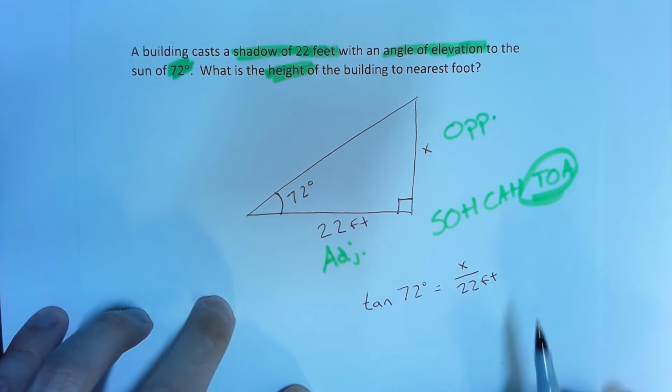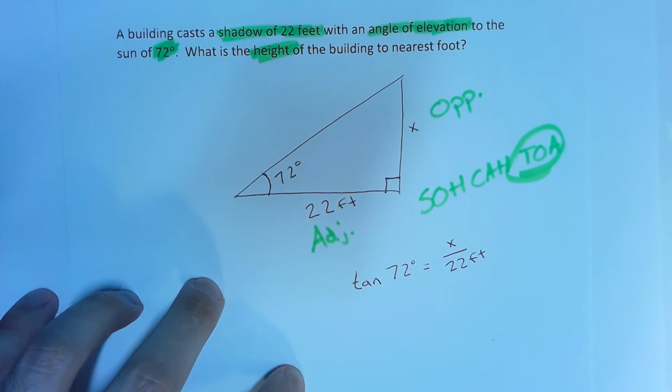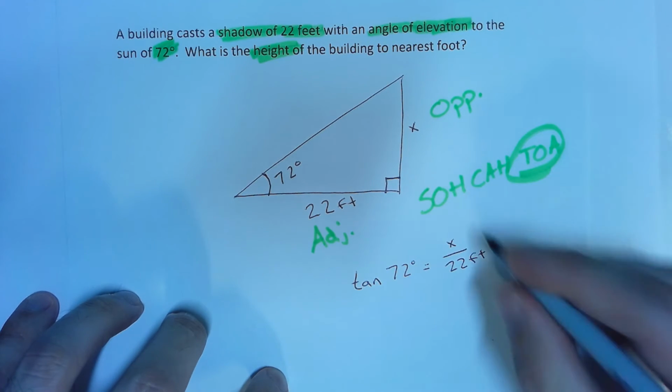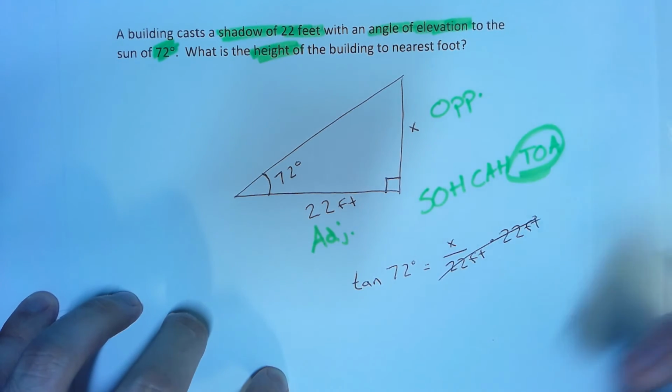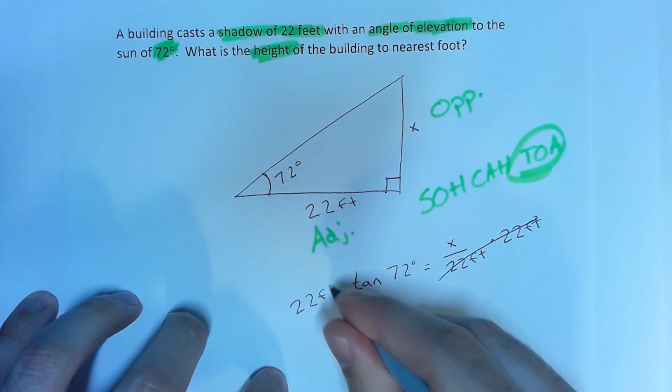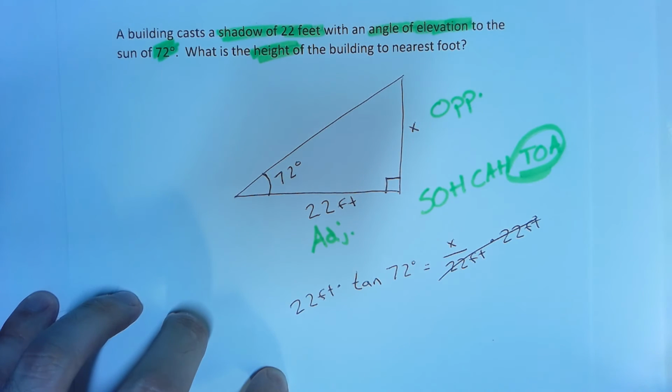And then in this case, like any equation, our goal is to isolate the variable. So we're going to multiply both sides by 22 feet, canceling that out. Perform the same operation on the other side of the equation.